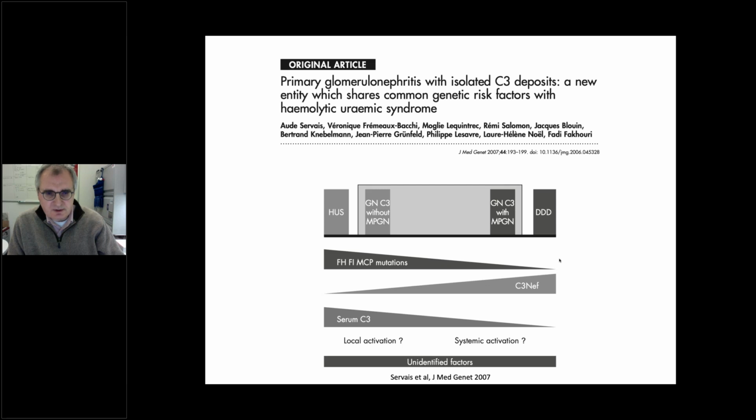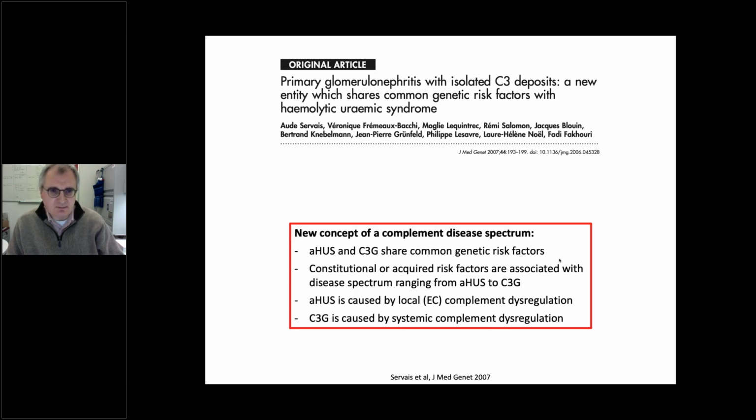The difference between the two conditions was that on the TMA side, complement dysregulation was more towards the endothelium, so it was more local, versus in the MPGN situation, it was more systemic complement dysregulation.